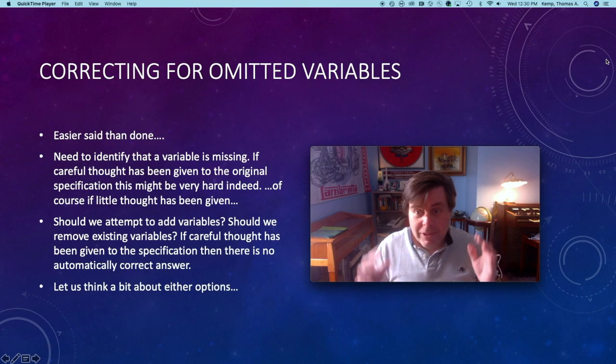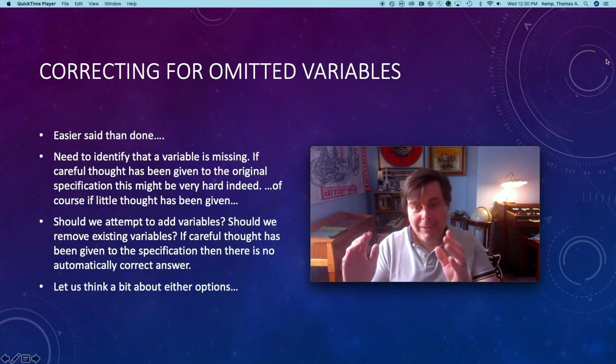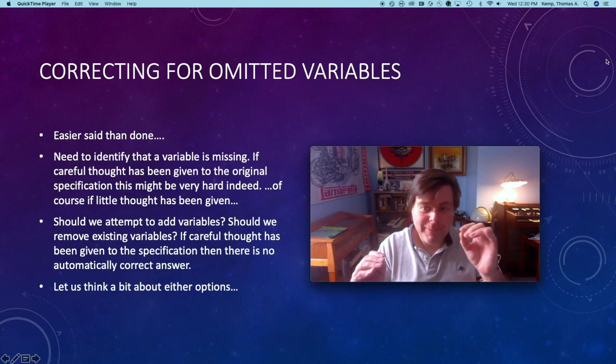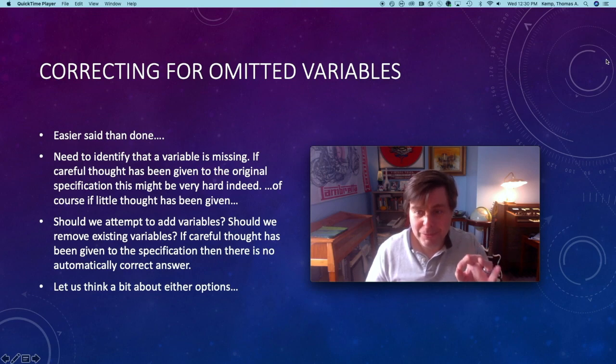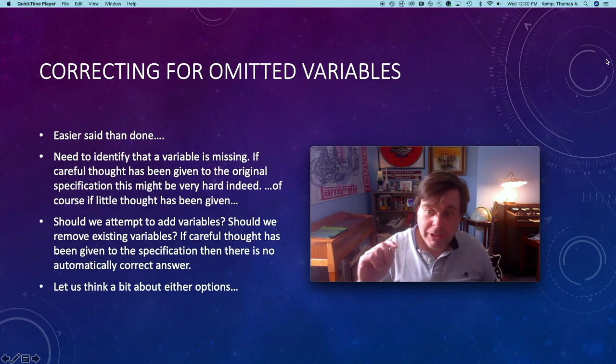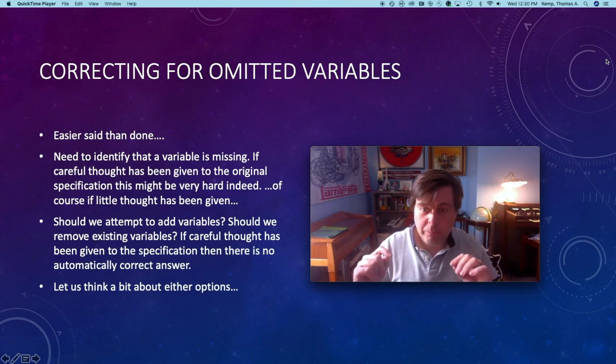But let's say you've got that wealth and income thing again, right? And when you add wealth, the coefficient on income changes significantly. The estimated coefficient on income changes. Well, that's a pretty good indicator that was an important omitted variable, because what was happening is a lot of the variation in spending, using our recent example, was actually attributable to income and not just wealth.